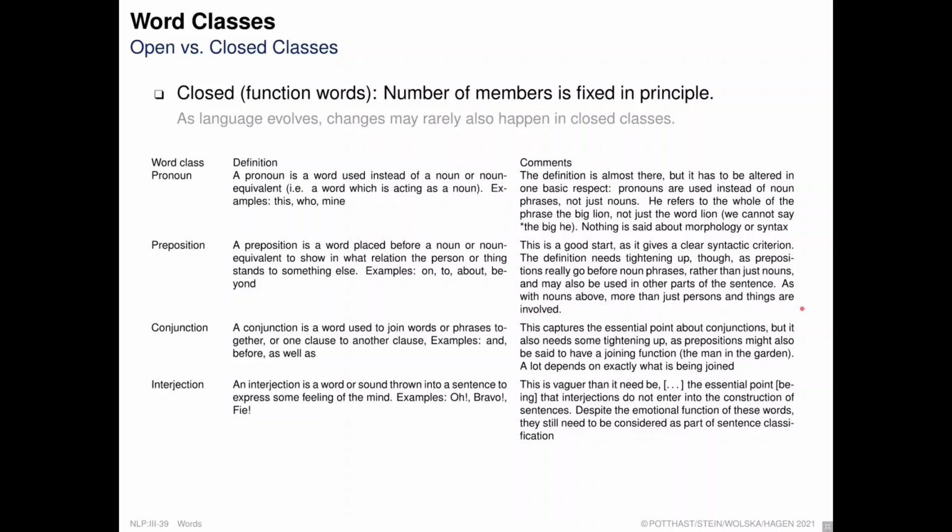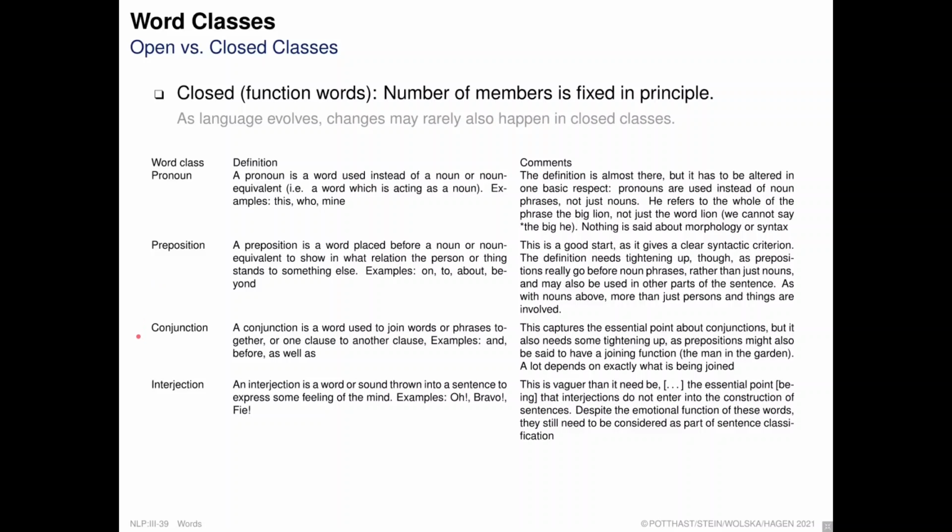And we can say that prepositions usually stand, in the case of English, before the noun. There are some clear-cut grammatical criteria based on which you can identify them, and there are rather reliable regularities in English, for instance, about how prepositions are placed. So prepositions, I would say, are closest to being most clearly defined.